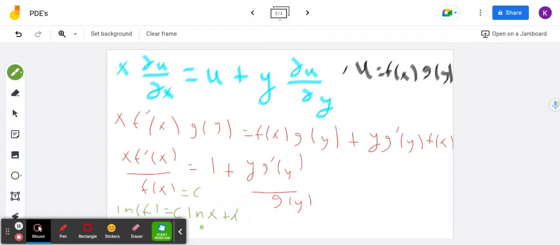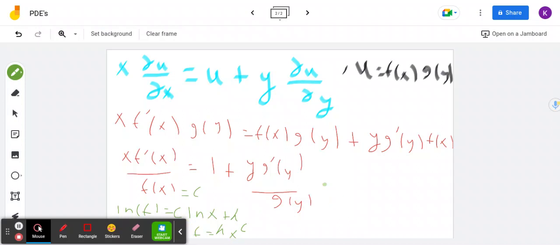And so f is k times e to the c ln of x, but c ln of x is the same as ln of x to the c, and the e and ln cancel out, so we get just x to the c. So it's just k times x to the c. This is our function f.